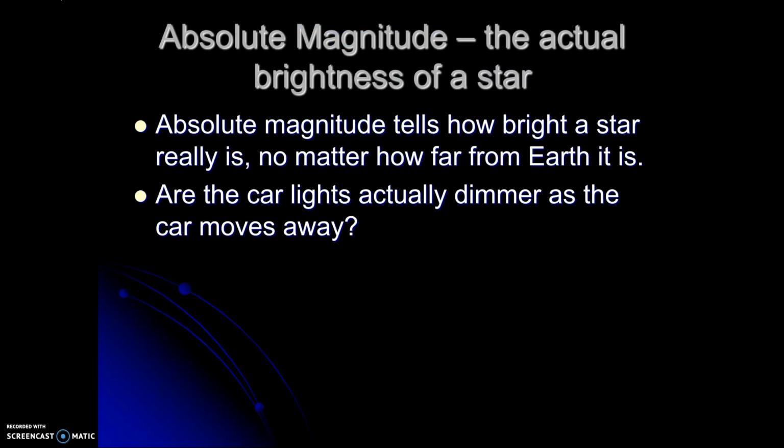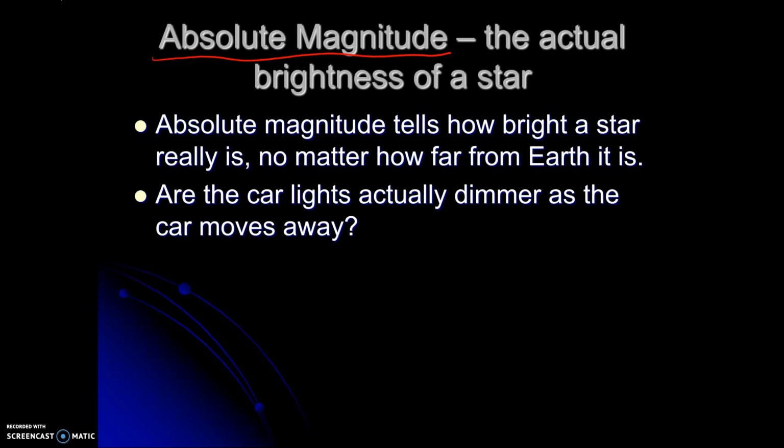Something that is not quite the opposite, but a little bit different, is absolute magnitude. The absolute magnitude is the actual brightness of the star rather than its appearance to us. It tells us how bright the star really is, no matter how far away it is from Earth.